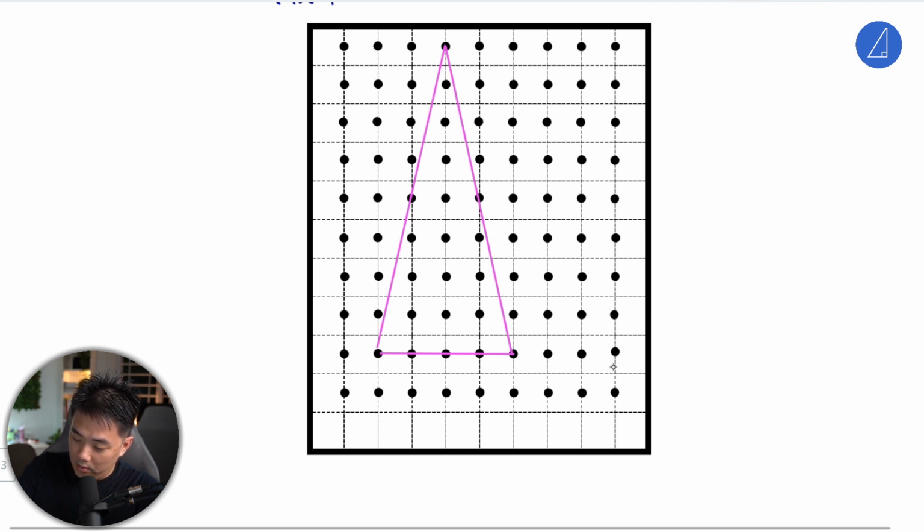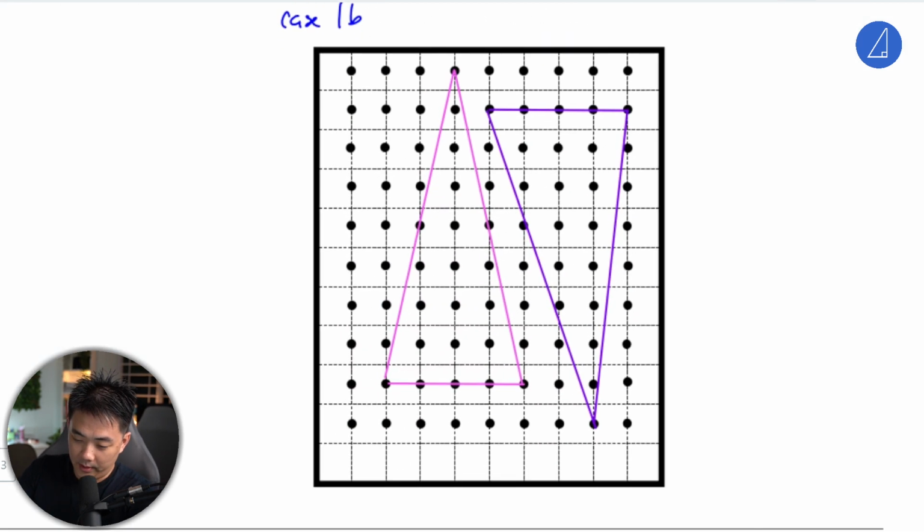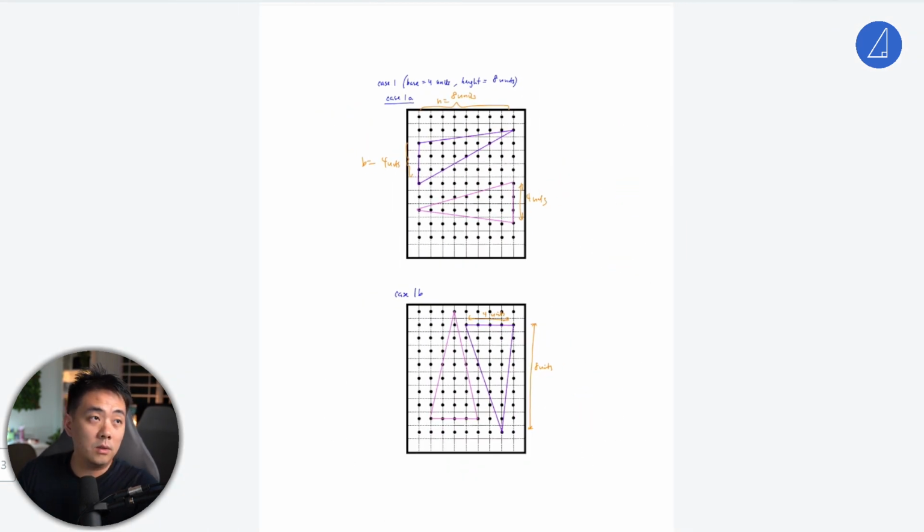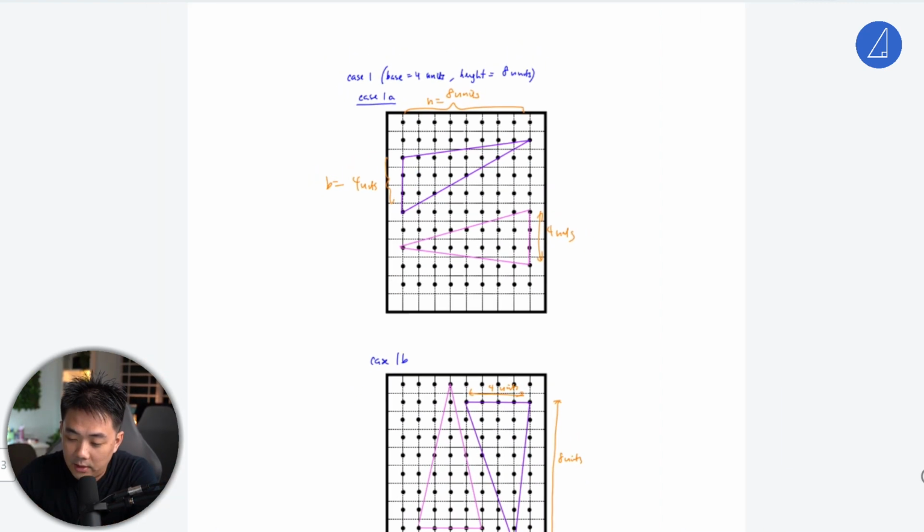So it's 1 2 3 4 5 6 7 8. 4 units and then 8 here. Okay, let me just draw it so that it's not so hard to understand. Label it. Alright, I think once we establish this view orientation, then it'll be alright. Okay, so let's look at that.